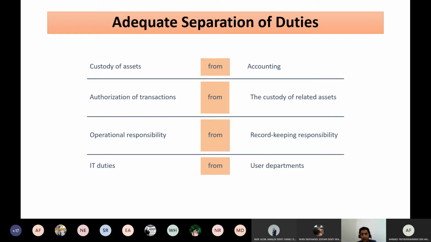Custody of assets should be separated from holding the account. Authorization of transaction should be separated from the custody of assets. Operational responsibility should be separated from the record keeping responsibilities, and IT duties should be separated from the ones who are using the IT system.